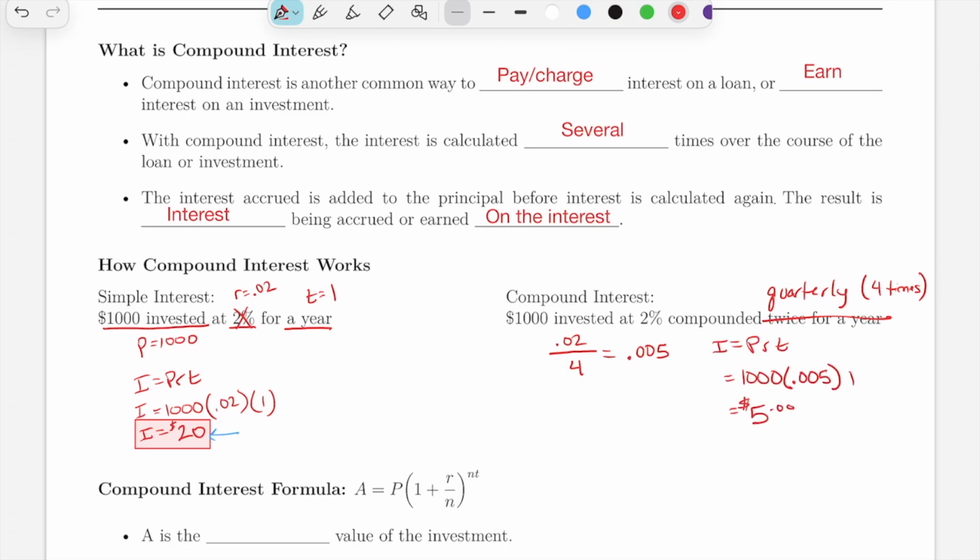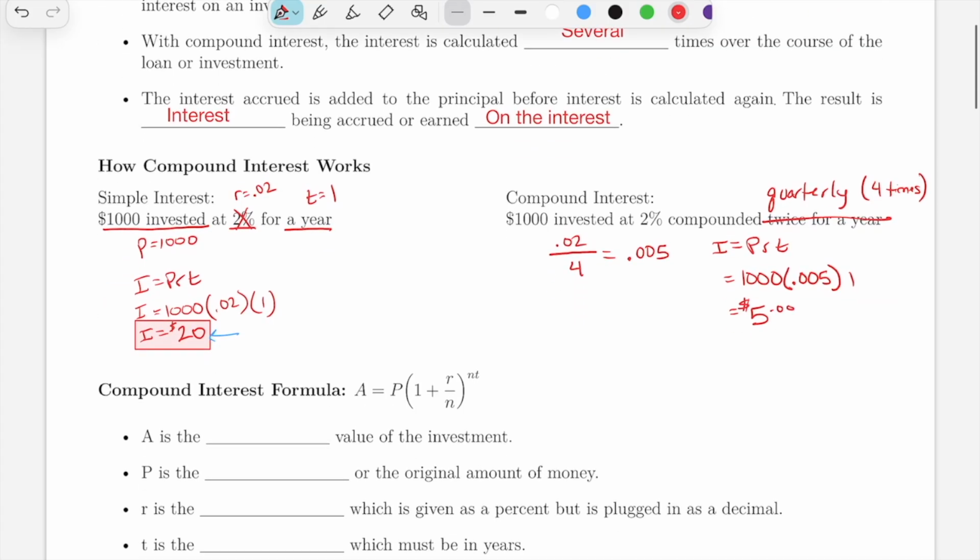Again, that's probably what you would expect: if we're doing it for 1/4, we would get 1/4 of the interest, so $5. So after 1/4 of the year, or 3 months, your new balance in your account is going to be $1,005. That's our new principal, and that's what we're going to use for the next compounding, so to speak.